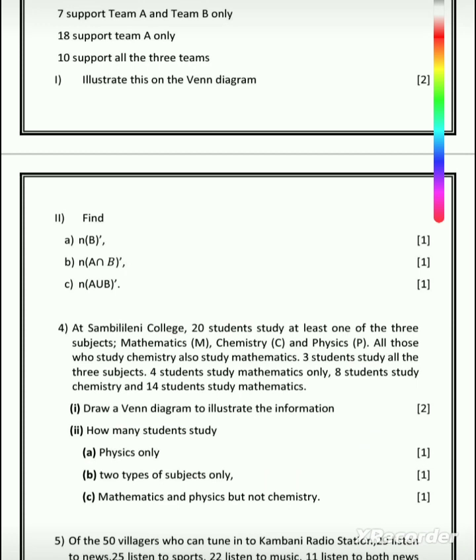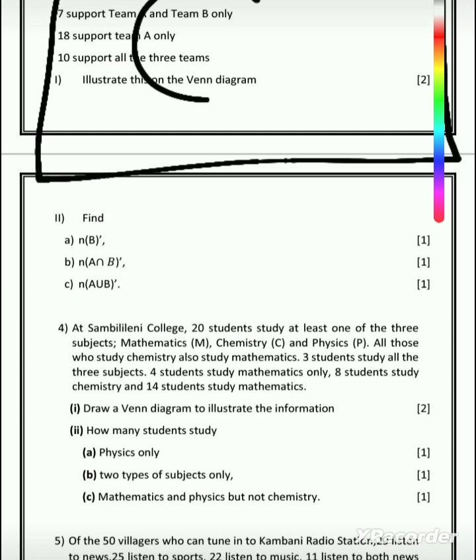Okay, we go to question 4. At Sambilene College, 20 students studied at least one of the 3 subjects. Again, this shows that there's no one outside the 3 sets. Mathematics, chemistry, and physics. We can do the Venn diagram so that as we are reading, we are able to be putting the numbers.